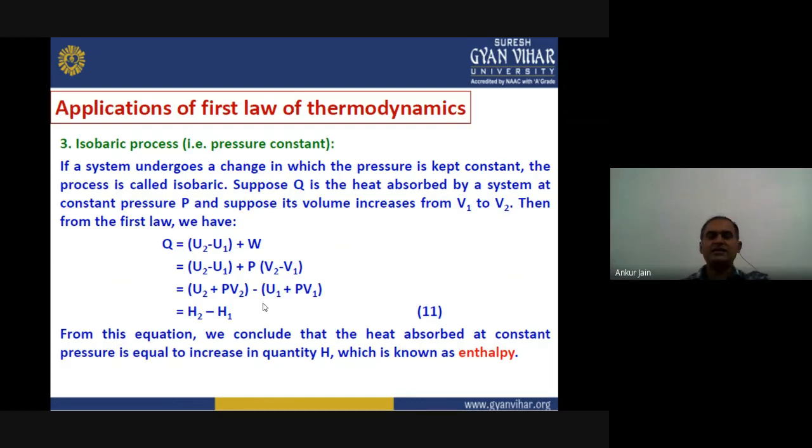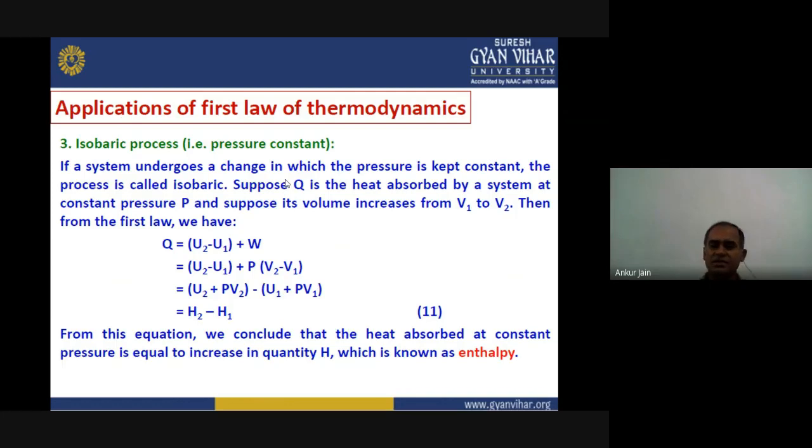Here let us assume that Q is the amount of heat absorbed by a system at constant pressure, because this is the condition for the process. And let us assume by supplying this Q heat, the volume is changed from V1 to V2. Of course, that will increase because we are giving some energy from the outside. That means the volume will increase if we keep the pressure constant.